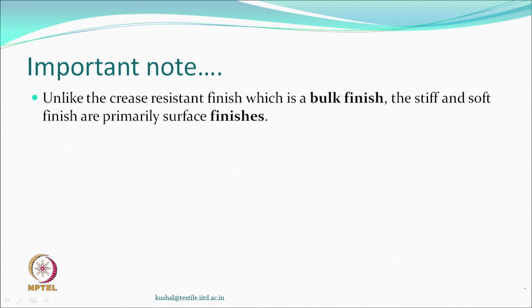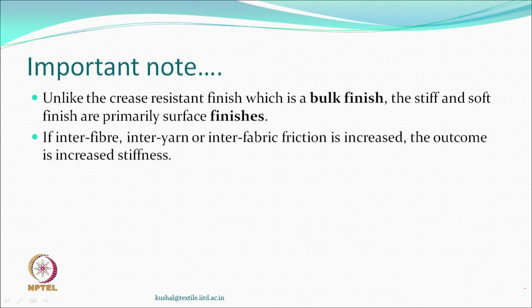So, just to remind again that unlike crease resistant finish, which is a bulk finish, the stiff and soft finishes primarily are surface finishes. Is that okay? Right. What else? It reduces interfiber, interyarn, interfabric friction.